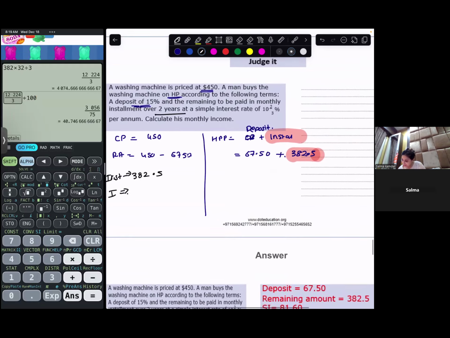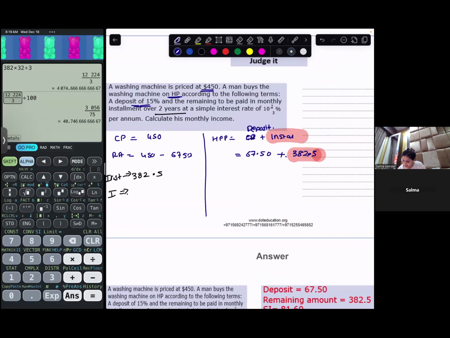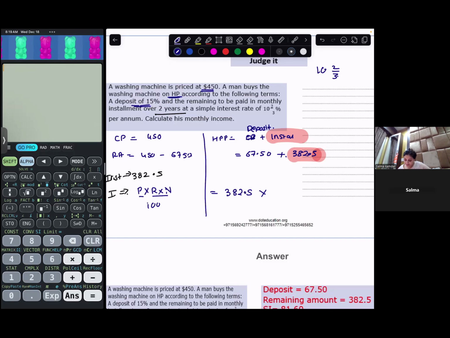Now if I have to calculate simple interest, interest would be P into R into N or T divided by 100. So my principal amount on which I have to pay interest is the remaining amount, that is 382.5. Rate is 10 2/3. 10 2/3 is a mixed number, so it's nothing but 10 plus 2/3.